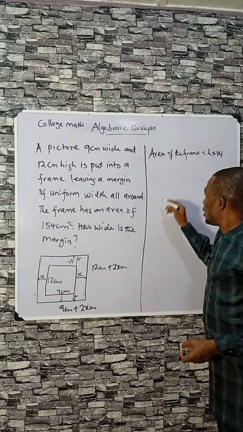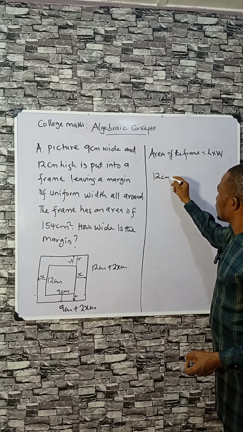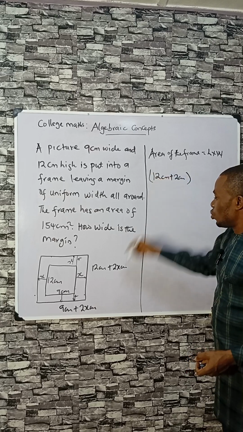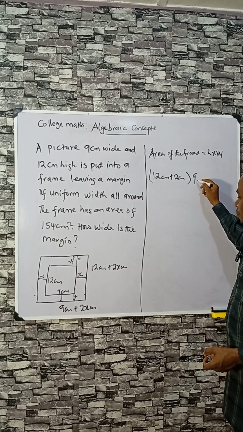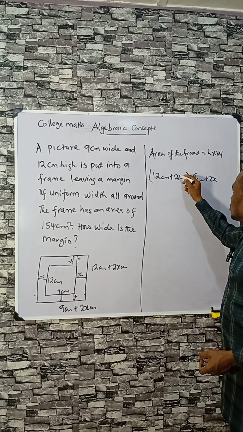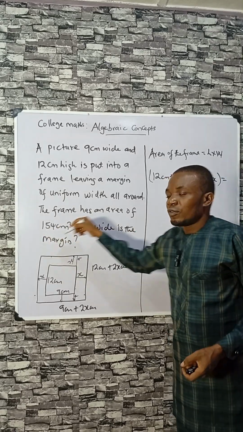So the area is 12 centimeters plus 2x centimeters, multiplied by the width, which is 9 plus 2x centimeters, and we are told that it is equal to 154.